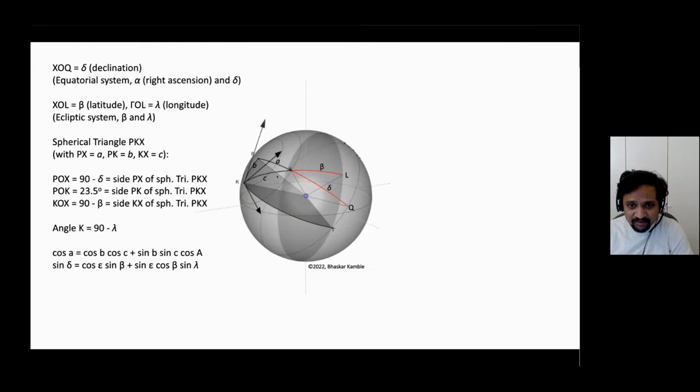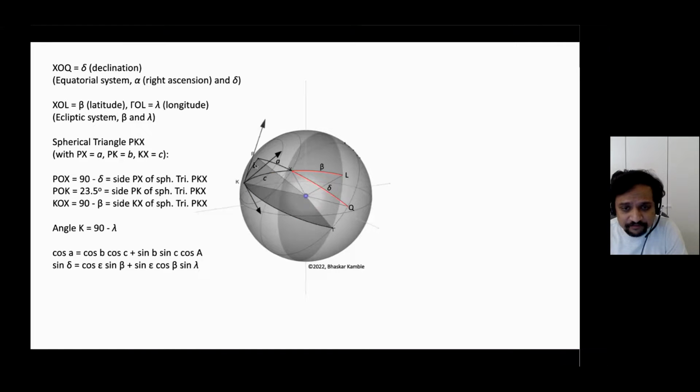So this side, which we call small a, is equal to 90 minus delta. Similarly, KOX plus XOL is 90 degrees, so this side C, KOX, is 90 minus beta. So we know two sides, A and C.